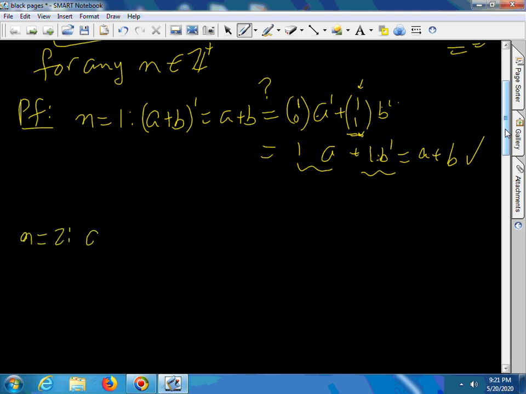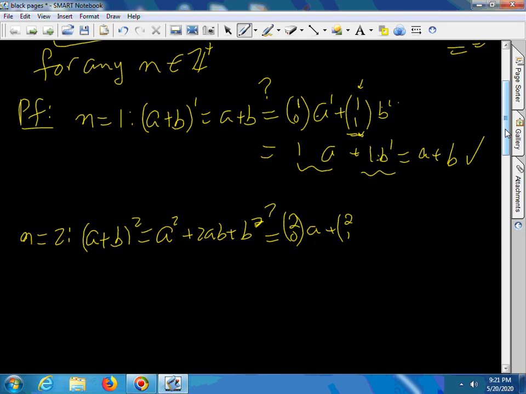n is 2. Well, (a + b) squared is a squared plus 2ab plus b squared. Does it equal the formula? The formula is 2 choose 0 times a squared, plus 2 choose 1 times ab, plus 2 choose 2 times b squared.